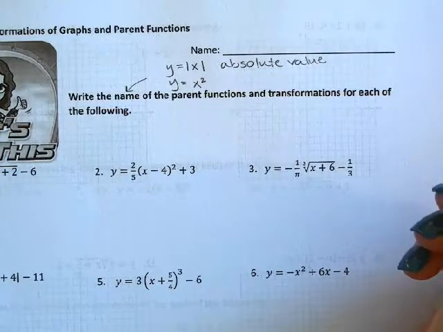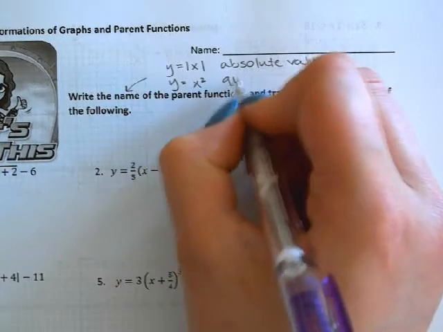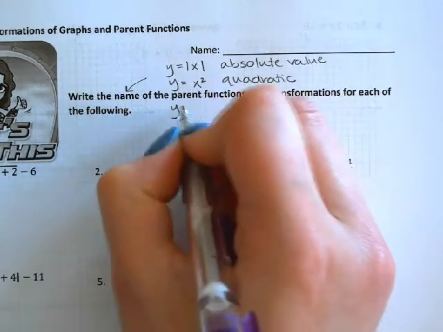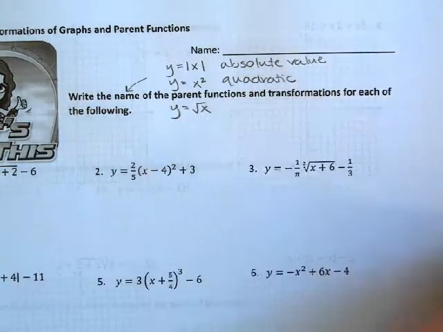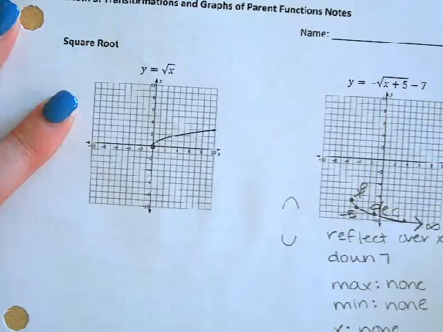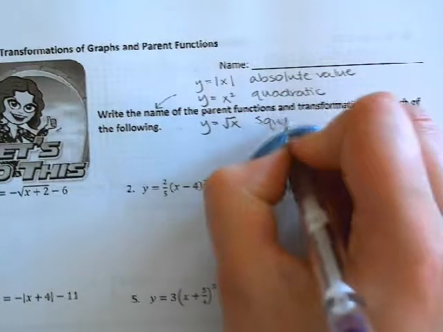Starts with a Q. Quadratic. If we have y equals the square root of x, what's that called? Square root. What an interesting name. All right.